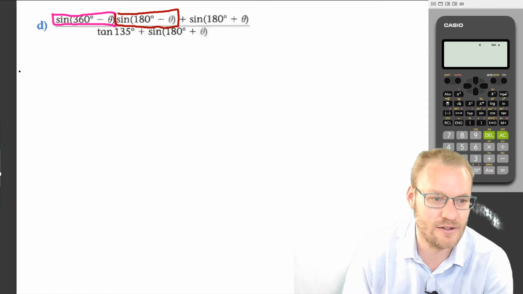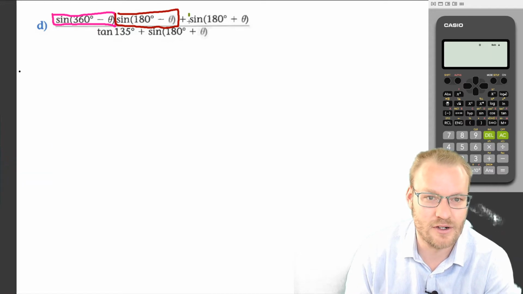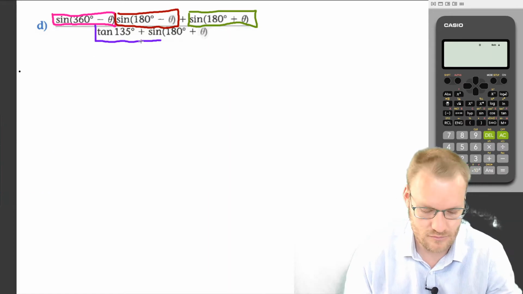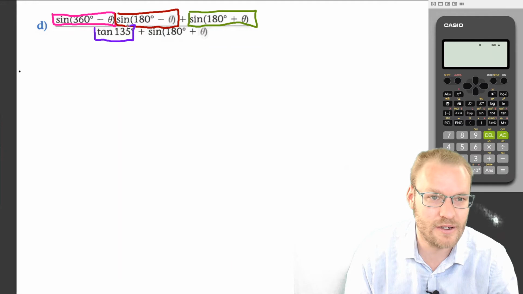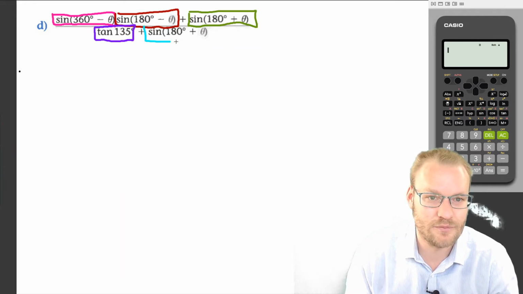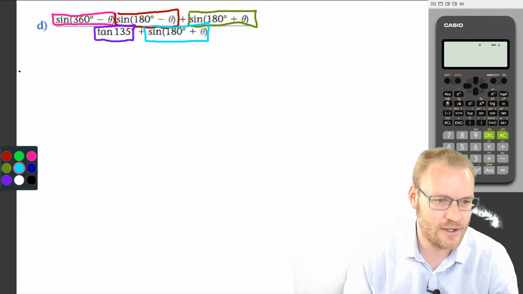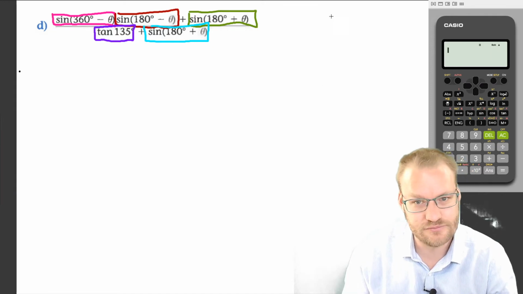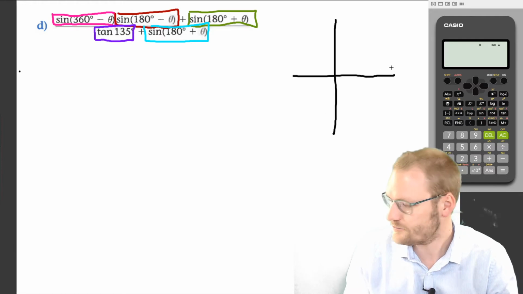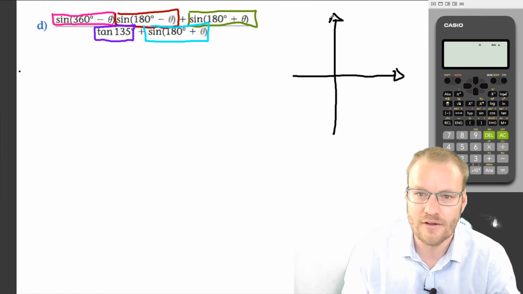Got that one, we've got this, and we've got the purpley one here, and let's go light blue. Okay, what do we have ready all the time? Wonky CAST diagram. Okay, there it is.